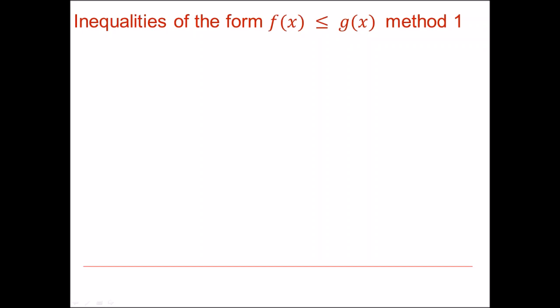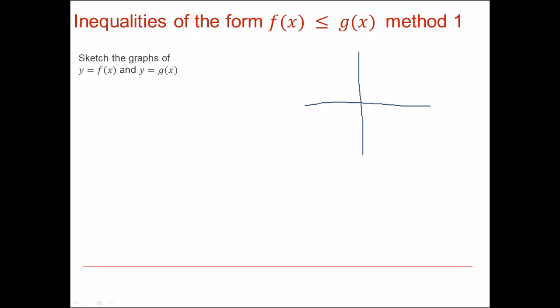The first one I'm going to look at is a graphical method where we can easily sketch the graphs of f of x and g of x. So if we did that, then in general we'd have two functions on the same set of axes, two graphs.